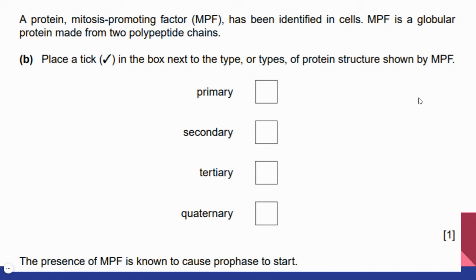Definitely you will find its primary structure, because primary structure means it will have all the amino acids in its polypeptide form in a linear chain. Then that primary polypeptide chain will fold and form alpha helix and beta pleated sheets, so it will show secondary structure.